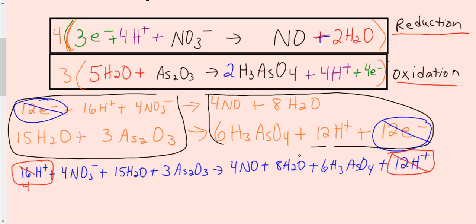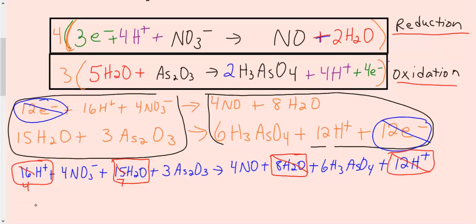We have 8 waters on this side and we have 15 on this side. So we can cancel out all 8 of these, and that will leave us with 7 waters on this side. And everything else can be left as is.